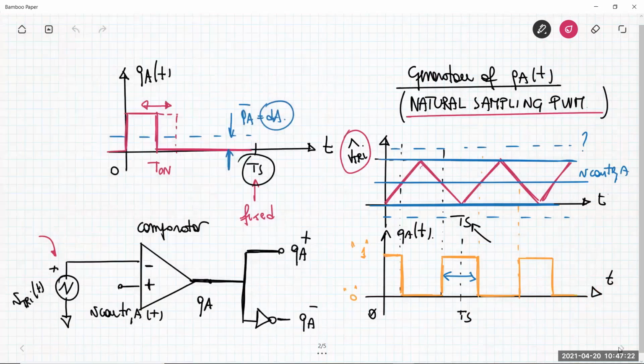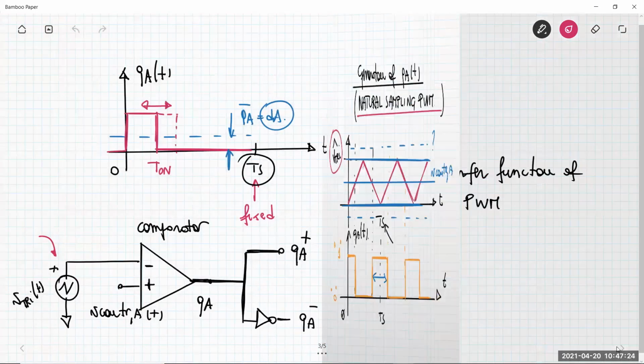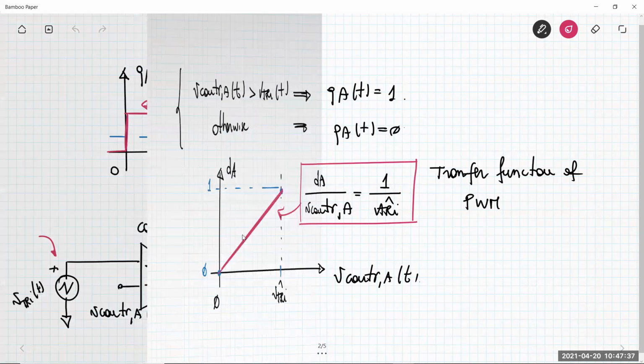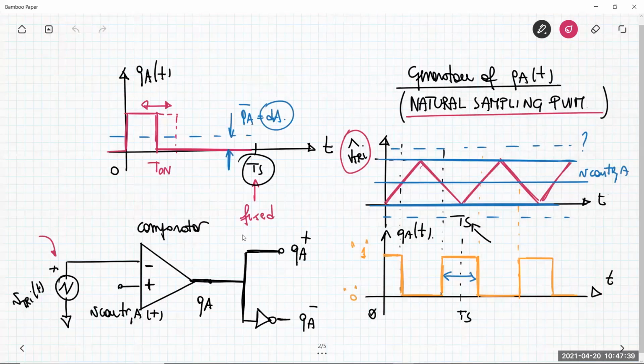So the discussion I had here can be a little bit generalized, because all the discussion that I provided describing this operating principle started from the pulse width modulator done by using a control voltage which is a constant quantity.